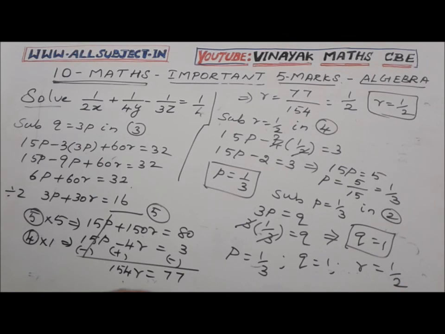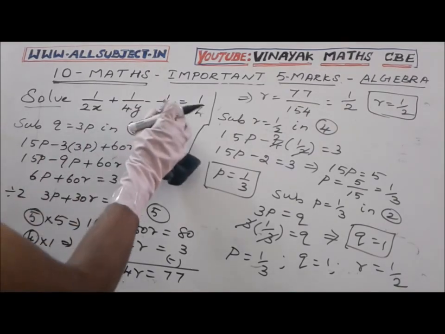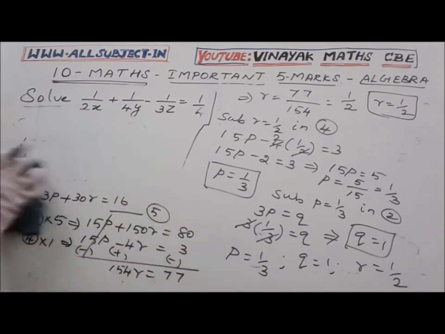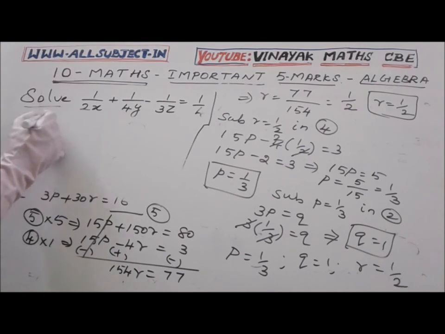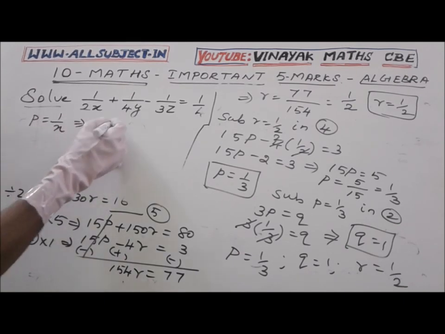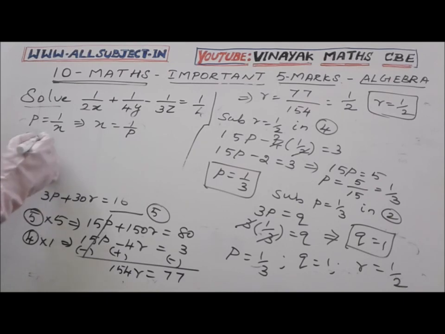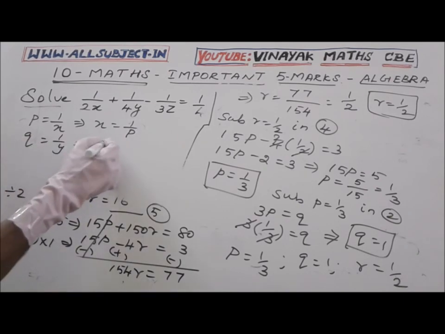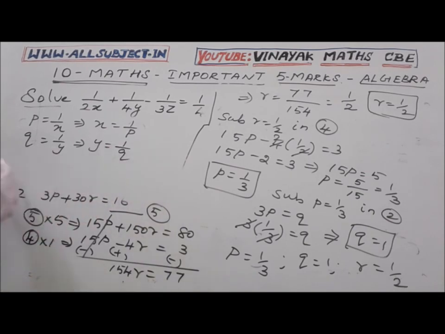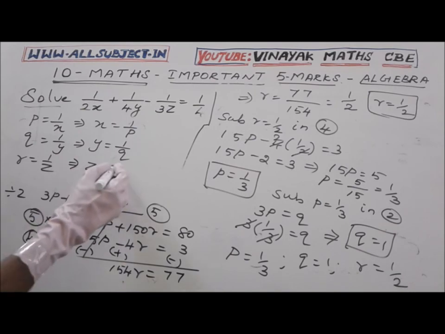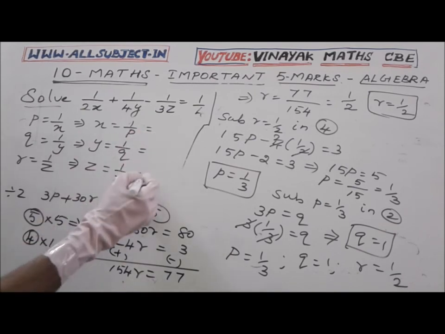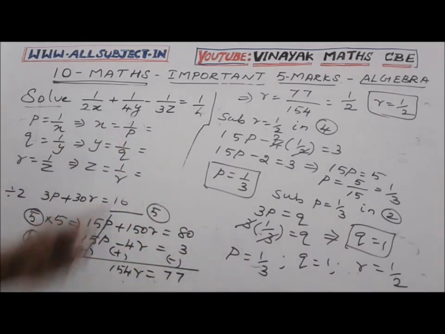Here we need the value of x, y, z. P equal to 1 by x, which implies x is equal to 1 by P, and Q equal to 1 by y, which implies y equal to 1 by Q, and R equal to 1 by z, which implies z equal to 1 by R. So reciprocating P, Q, R will give the values of x, y, z.